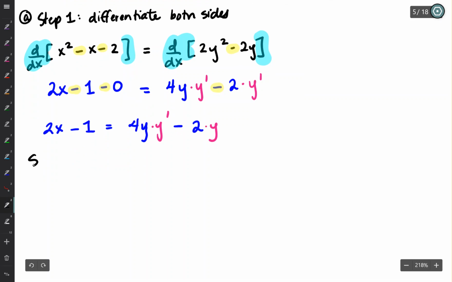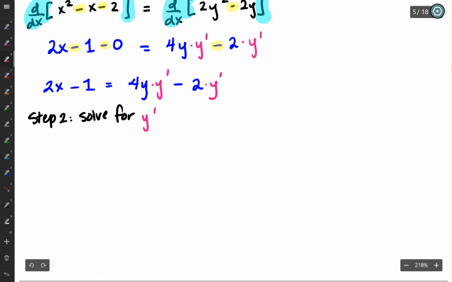Step 2. Just using algebra. I already have the pink on one side of the equation, so what I'm going to do is I'm just going to factor out that y prime, factor out pink.